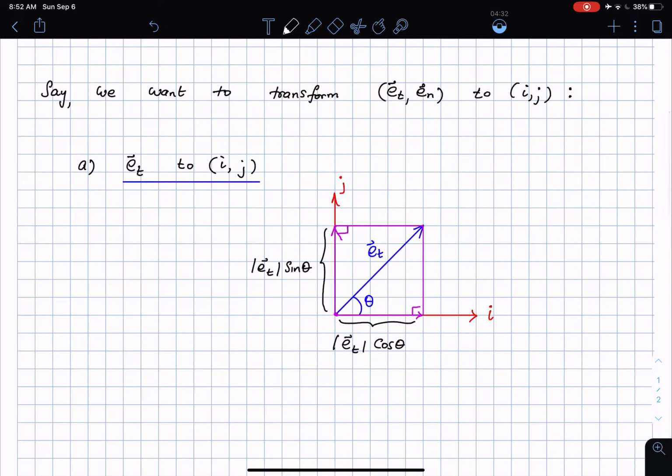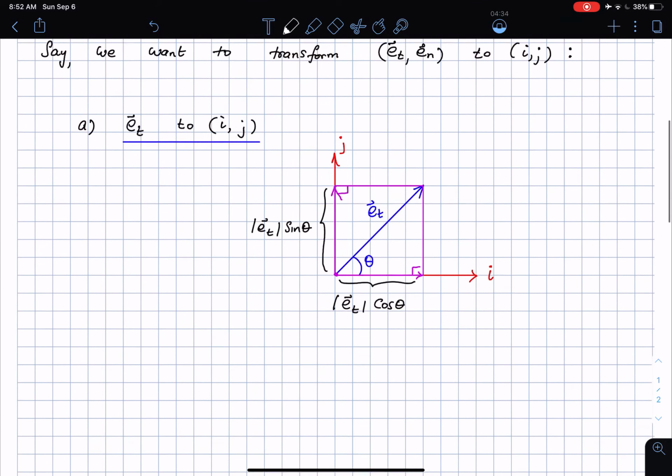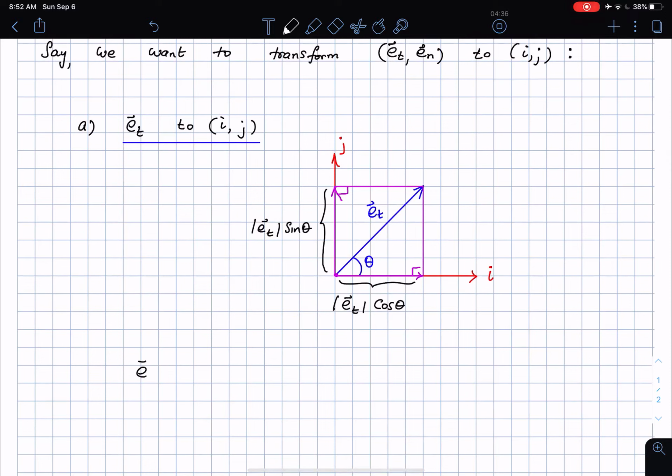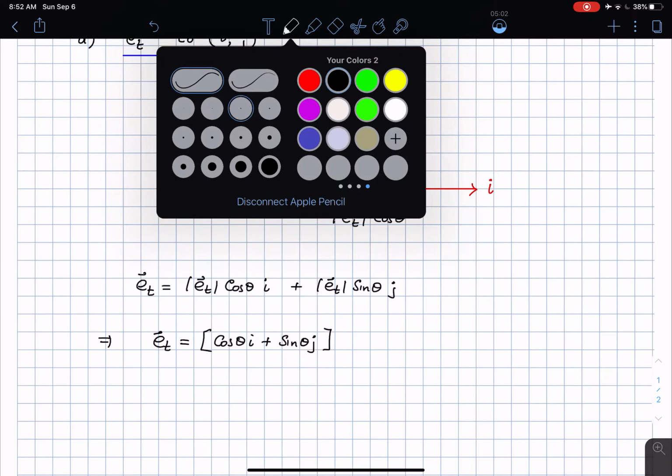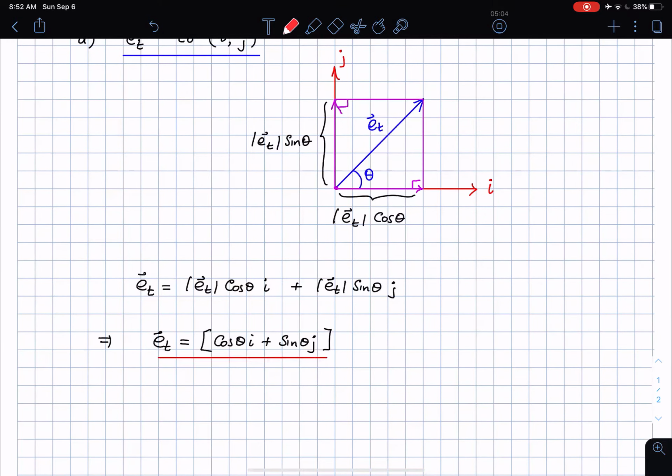Then we know the magnitude of et is 1, which means et is the magnitude of et cosine theta in the i direction plus the magnitude of et sine theta in the j direction, but the magnitude of et is equal to 1, so et is just going to be cos theta i plus sine theta j.